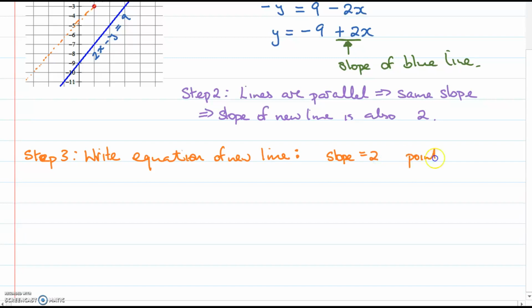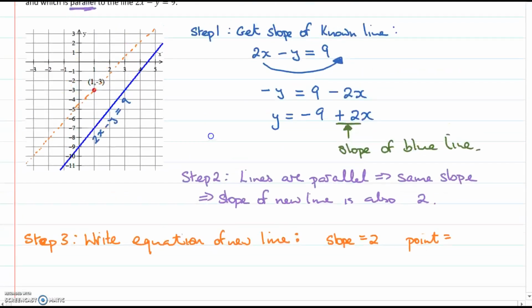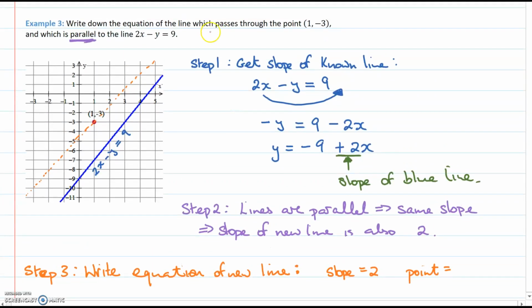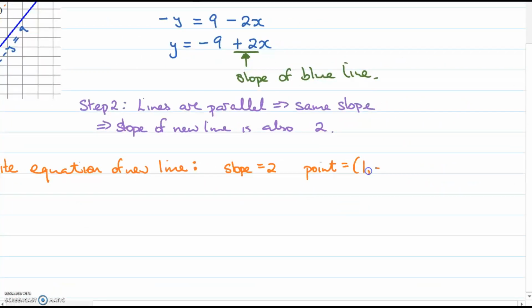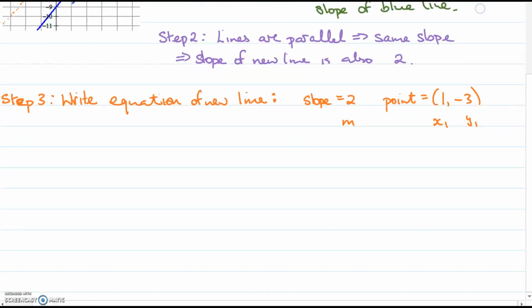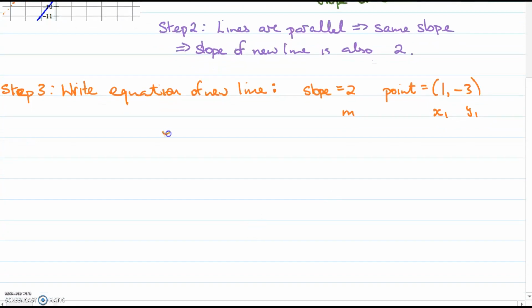And we also know, if we go back and read the question and look at the diagram, that it passes through the point (1, -3). So remember, slope is m, point is (x1, y1). The formula for the equation of a line is one we've been using for a little bit now.